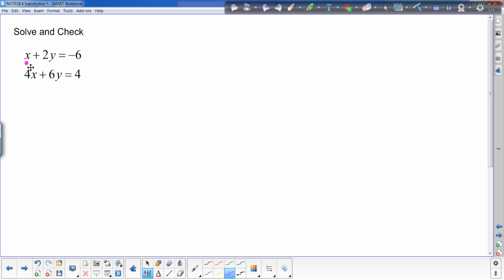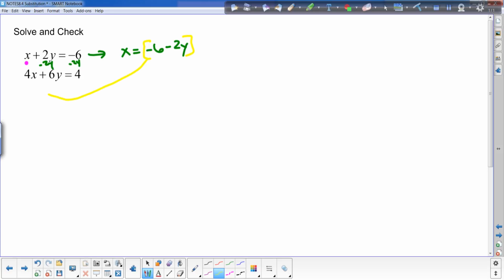So I'm just going to get that x by itself, and I'm going to do that by subtracting 2y on both sides. So I get x equals negative 6 minus 2y. Well, this is equal to x, so I can replace it where I see an x.